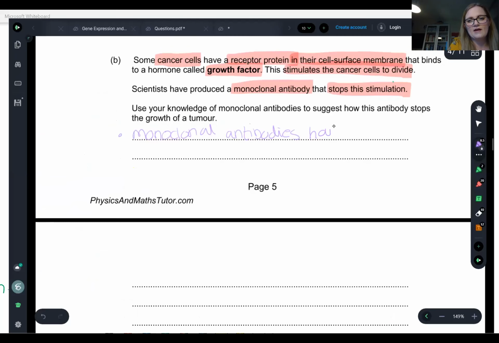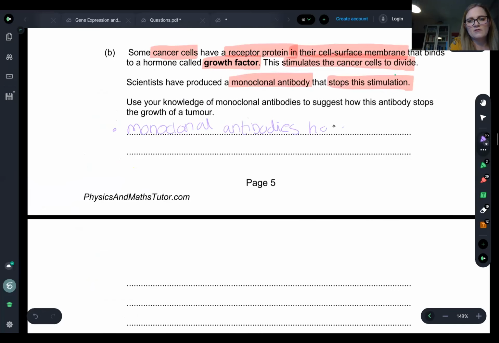Monoclonal antibodies have a specific tertiary structure.